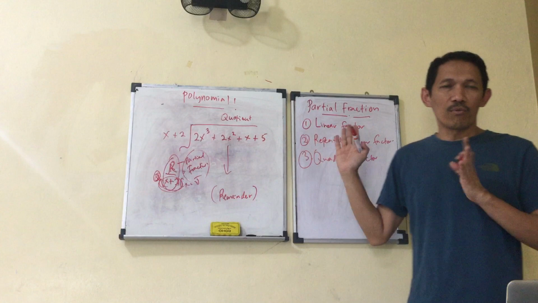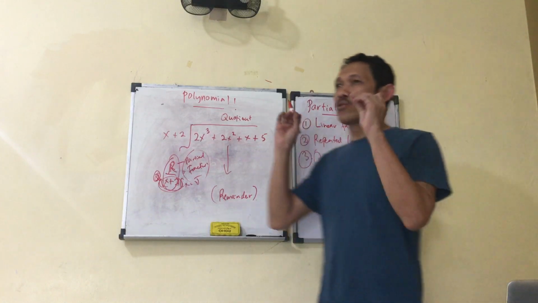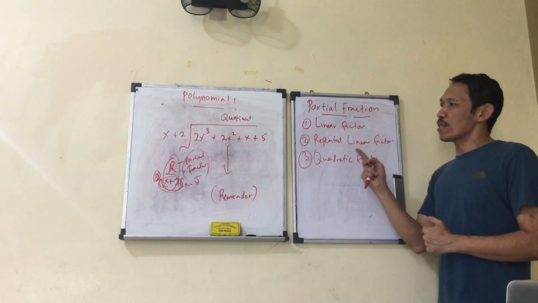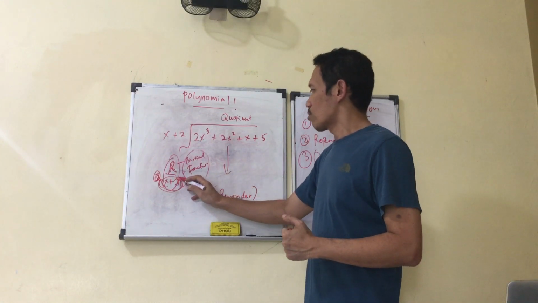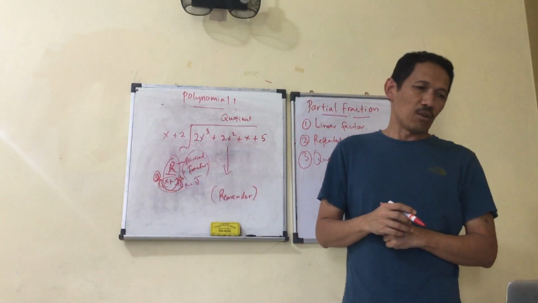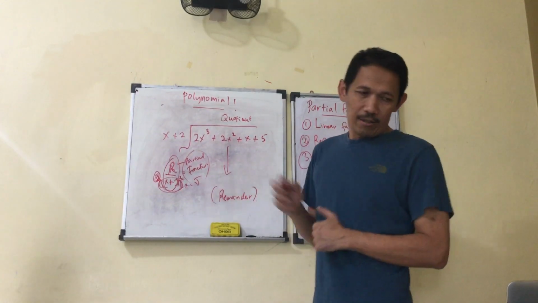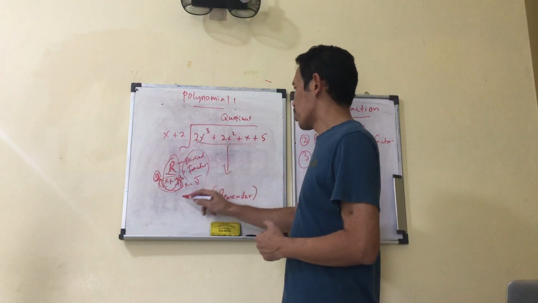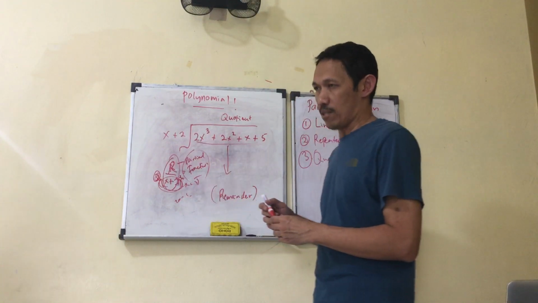There is only a linear factor there, with no square and no cube whatsoever. If it is a repeated linear, meaning that this one will be squared, for instance, that is called the repeated linear. And then you have a quadratic factor, which is of the form ax squared plus bx plus c.